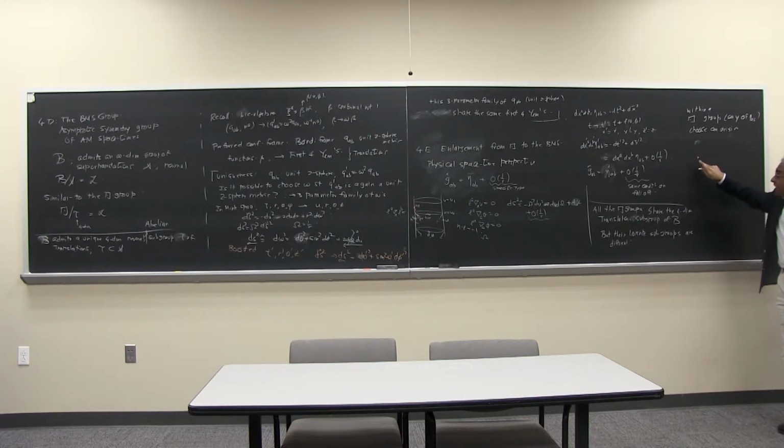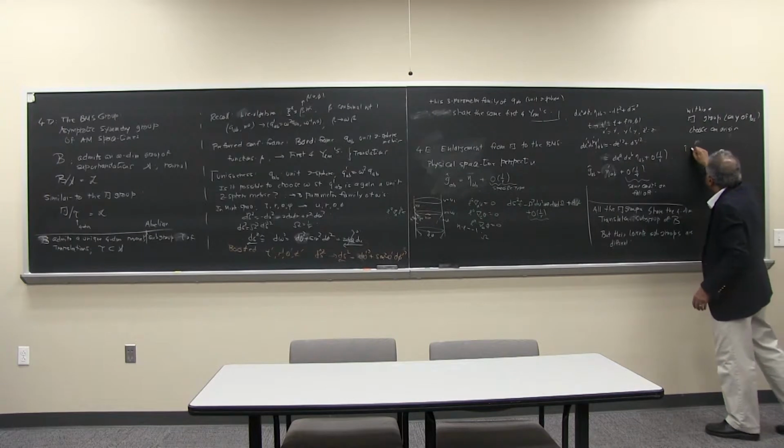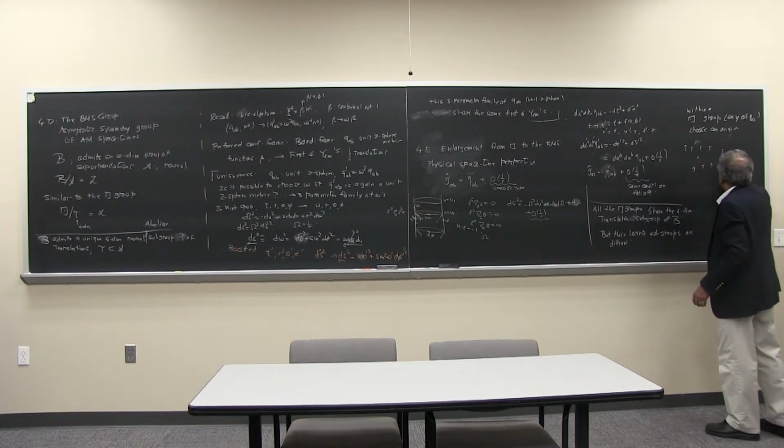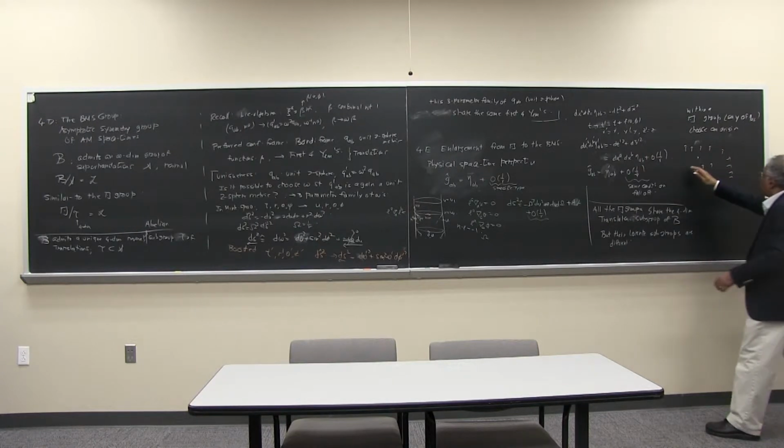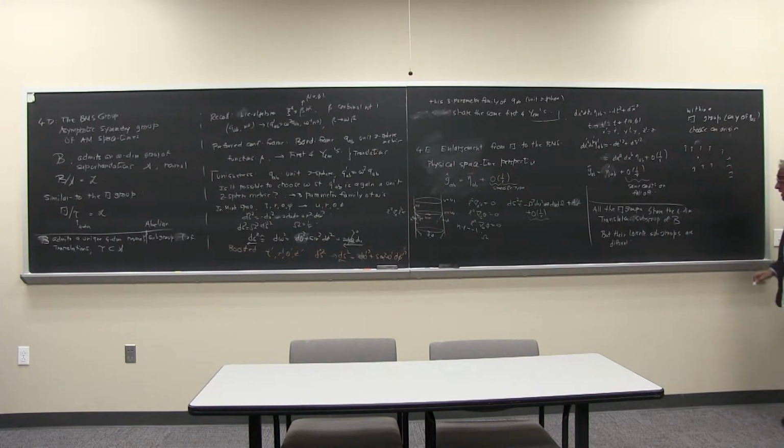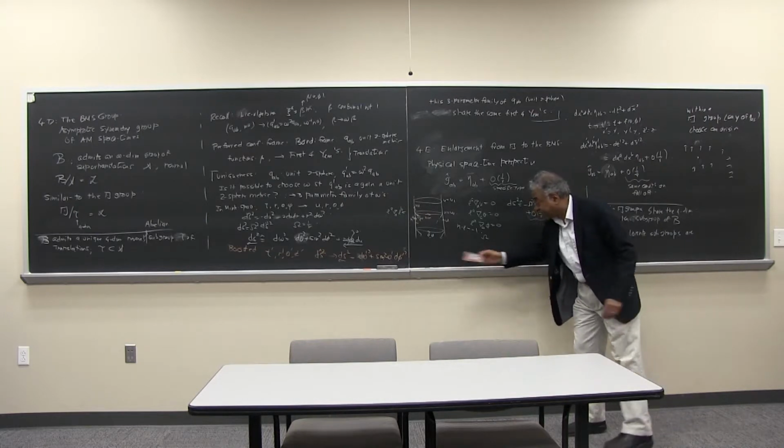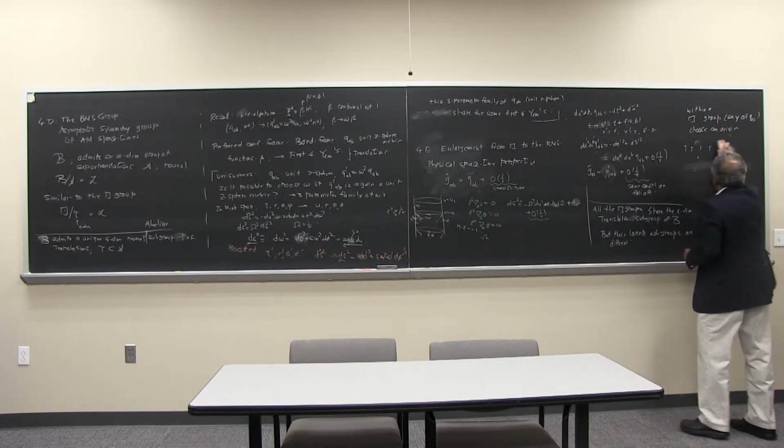Translations don't leave any point invariant. Time translations or space translations don't leave any point invariant. But each Lorentz subgroup of the Poincaré group leaves one point invariant.